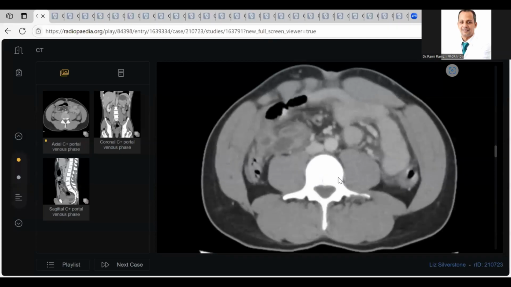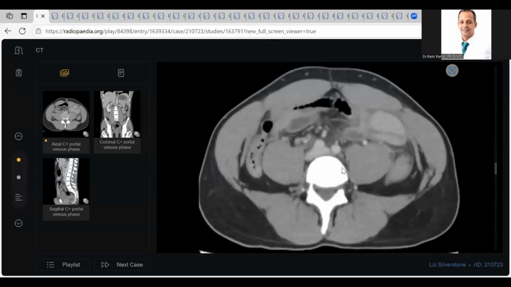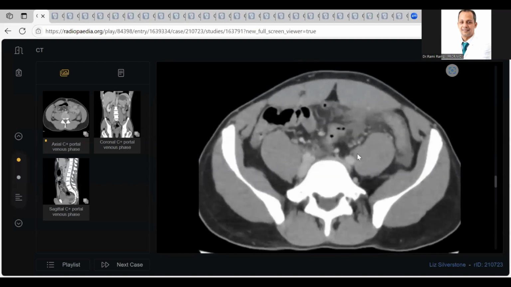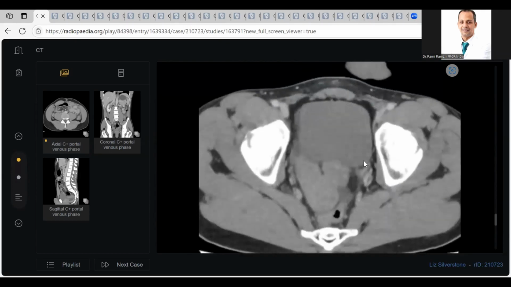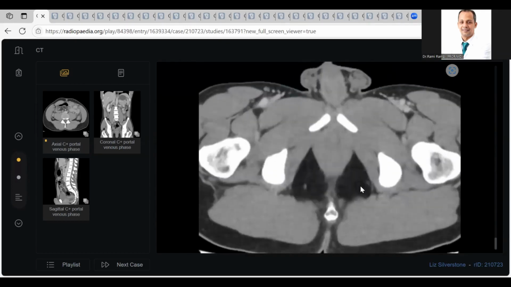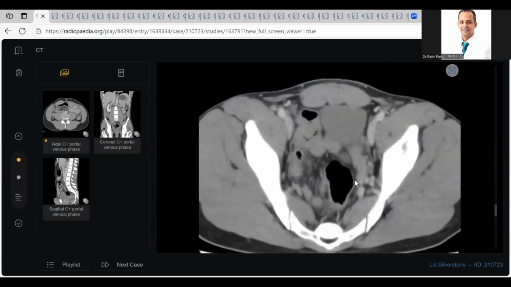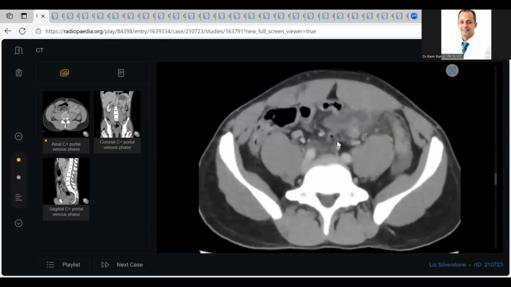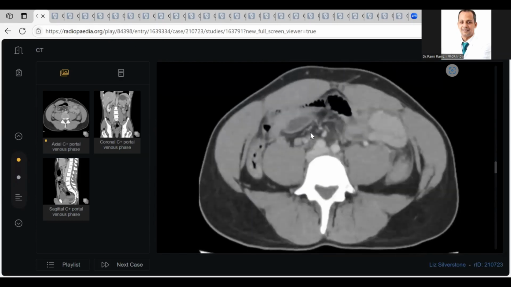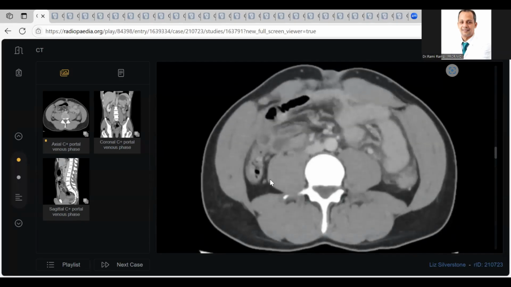Excellent. I'm going downwards. Then I'm going back again. I can see that there is some thickening of small bowel loops at the region of the lower abdomen. Excellent.